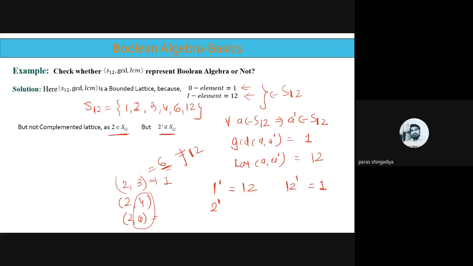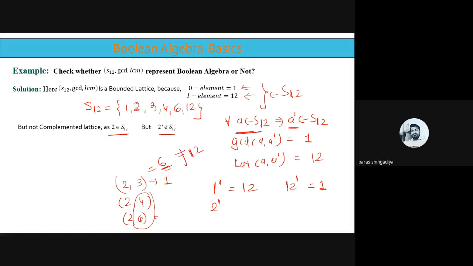And when we say a lattice is a complemented lattice, for every element of S12, a dash should exist. First, a dash should exist. And here 2 dash does not exist for a equal to 2, so it is also not part of S12. It should be part of S12, but here 2 dash does not exist, so there is no need to verify whether it belongs to S12 or not.